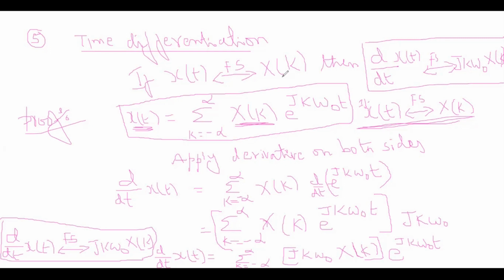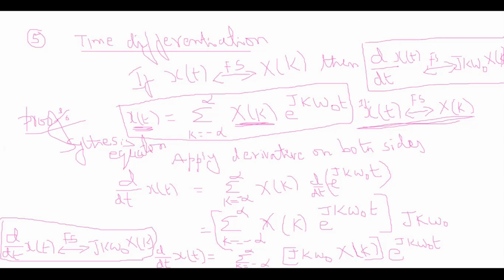But the time differentiation property is proved by using the synthesis equation. Okay, remember, to prove the time differentiation property, we use the synthesis equation. The remaining four properties that we already discussed use the analysis equation.